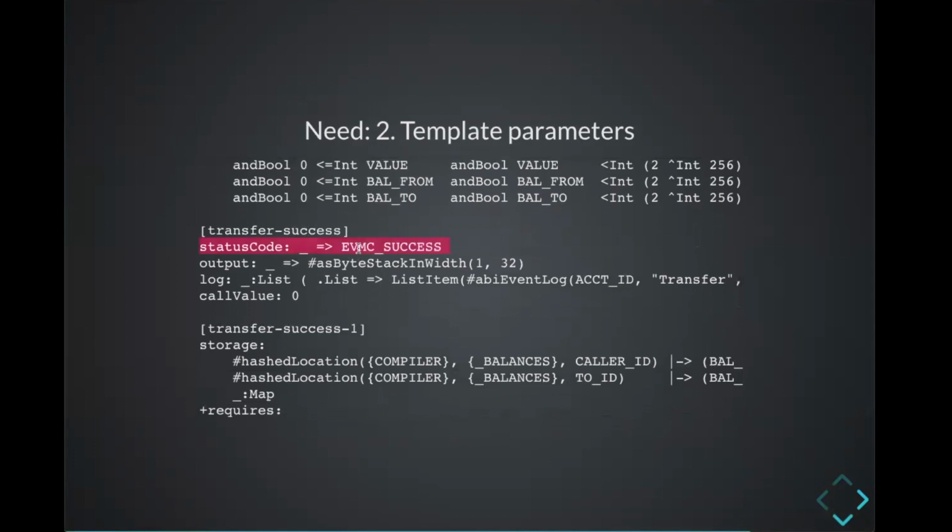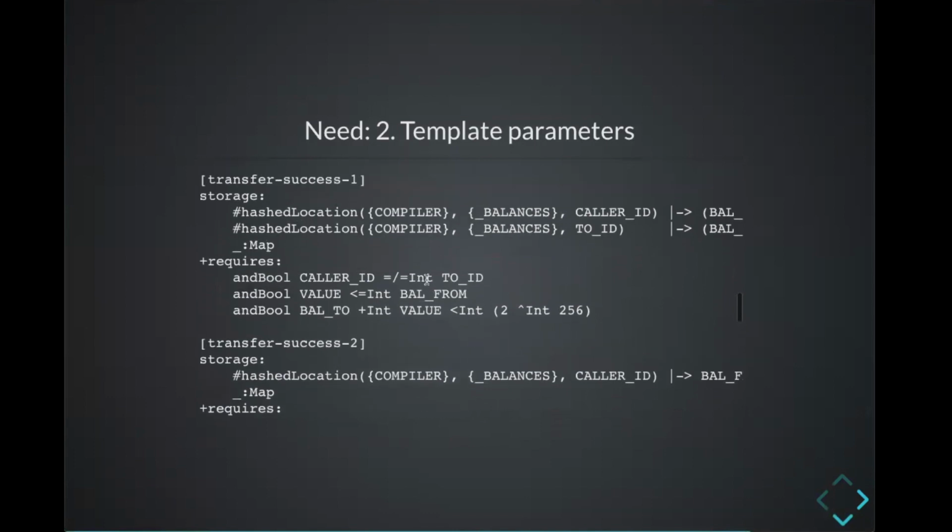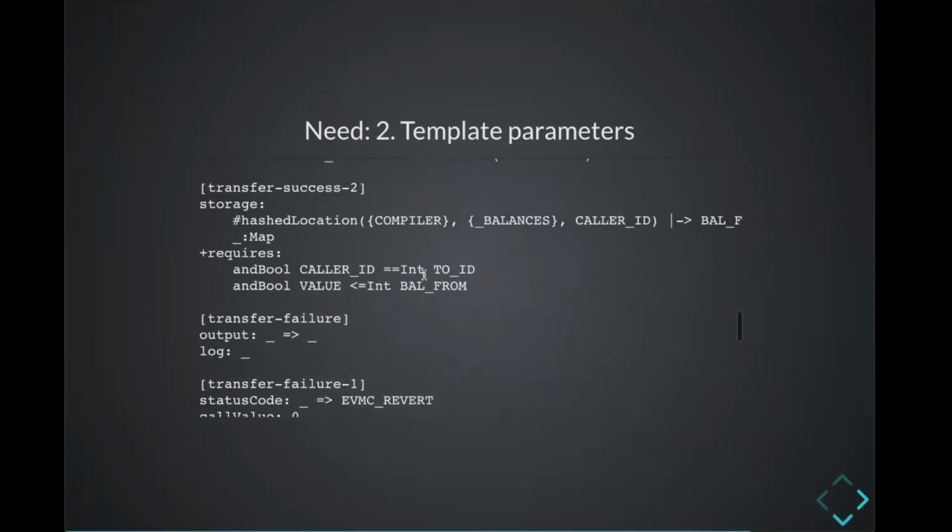Well, we don't revert, and it returns 1, and it should fire off an event. And since it's a non-payable function, the call value has to be 0. And finally, we have when we're transferring to somebody else, and when we're transferring to ourselves.